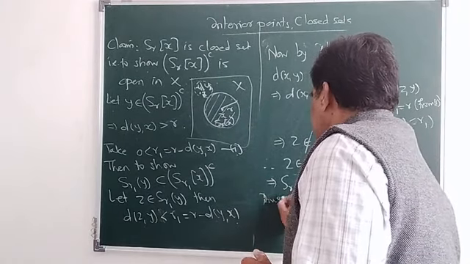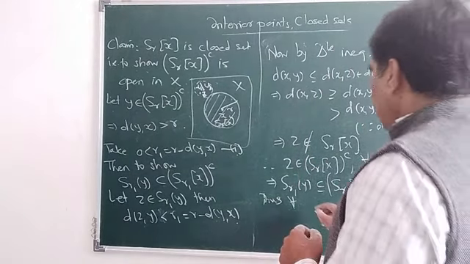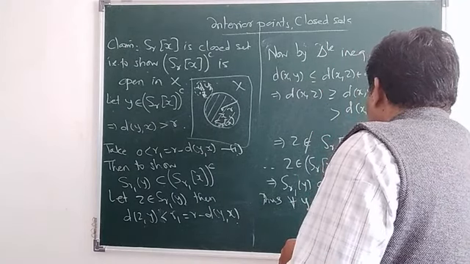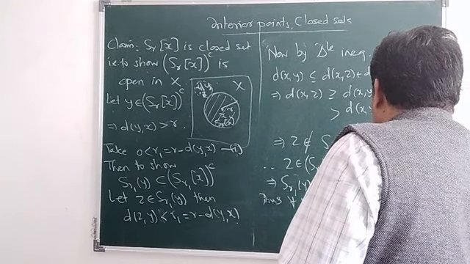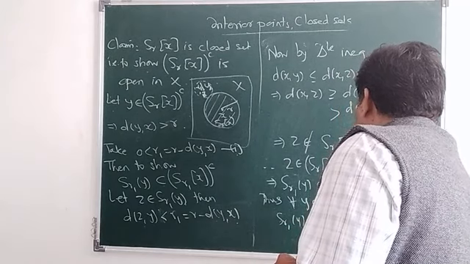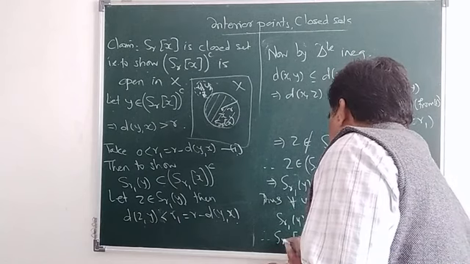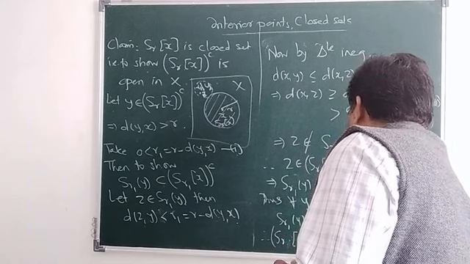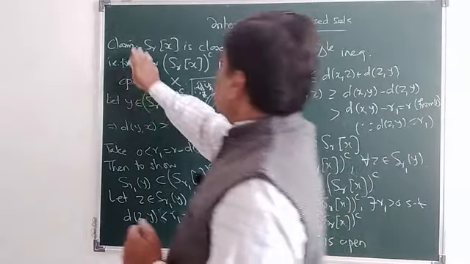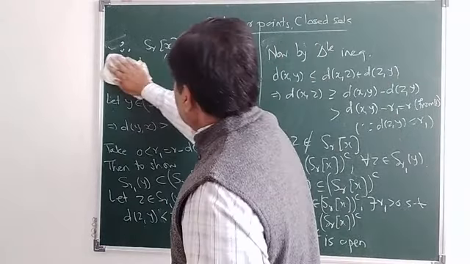Thus for every y belonging to the complement of S_r[x], there exists r1 greater than 0 such that S_r1(y) is contained in the complement of S_r[x], and therefore the complement of S_r[x] is open, and therefore S_r[x] is a closed set.